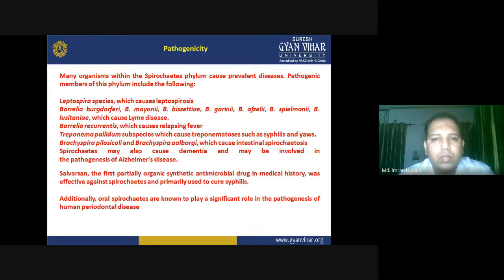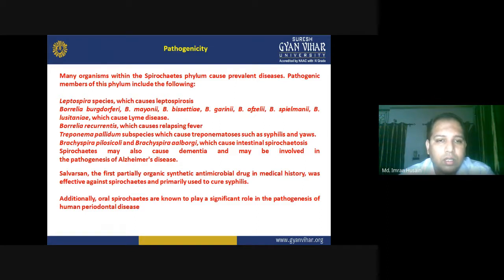Coming to pathogenicity, many organisms within the spirochete phylum cause prevalent diseases. Pathogenic members of this phylum include the following: Leptospira species cause leptospirosis. Borrelia burgdorferi, Borrelia mayonii, Borrelia bissettii, Borrelia garinii, Borrelia afzelii, and so on, cause Lyme disease.